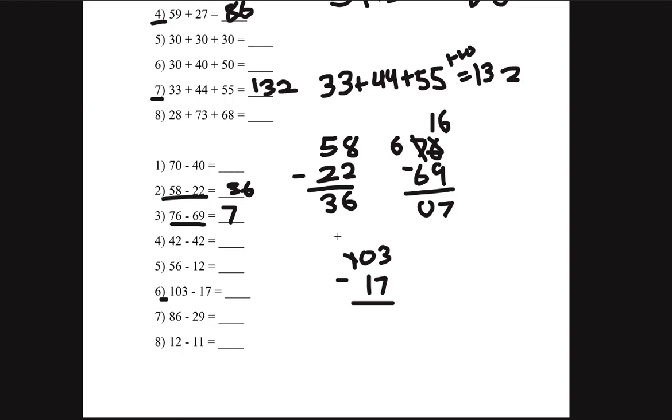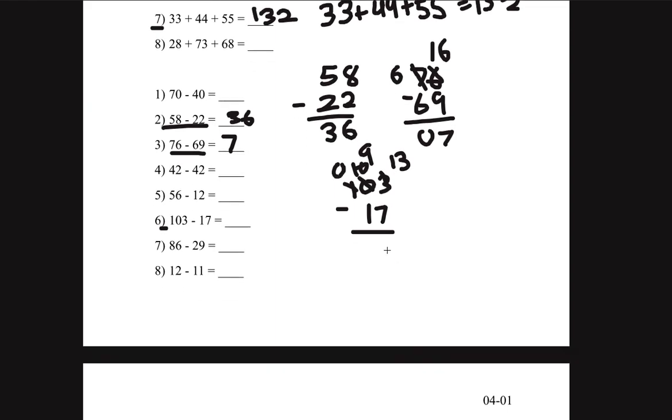We turn this 1 into a 0. We turn this 0 into a 10. Then we take 1 for the 3. And we turn this into a 9. And we turn this into a 13. Then we do 13 minus 7, which is 6. Then we do 9 minus 1, which is 8, with the total being 86.